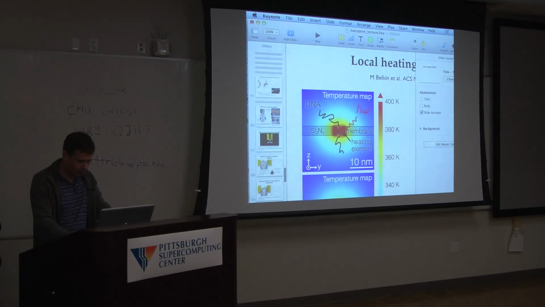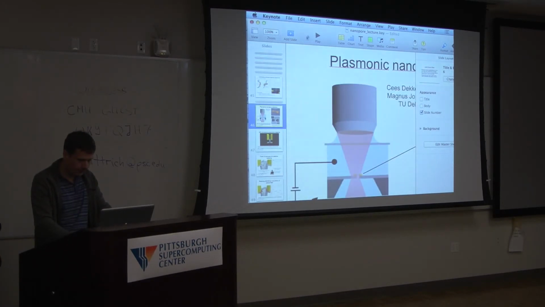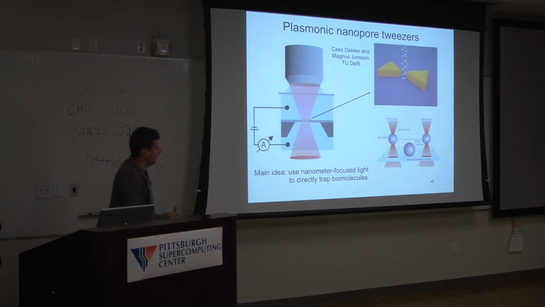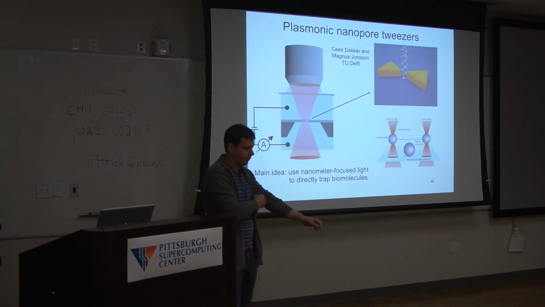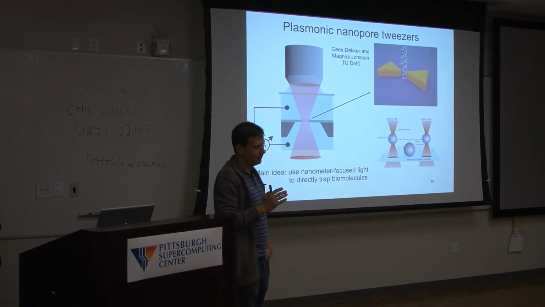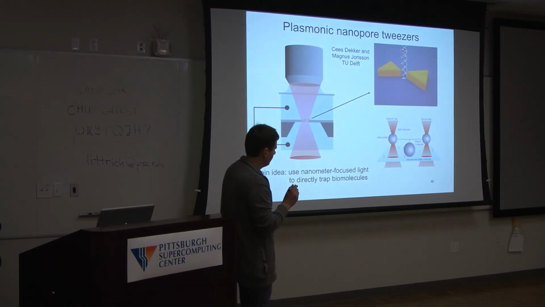Example number two is this one. It's in a way a similar system, but now we have two gold bow ties and a nanopore. It's called a nanoplasmonic tweezers. Most of you probably never heard of it. It's actually very similar in spirit to an optical trap setup, but at the nanoscale level.